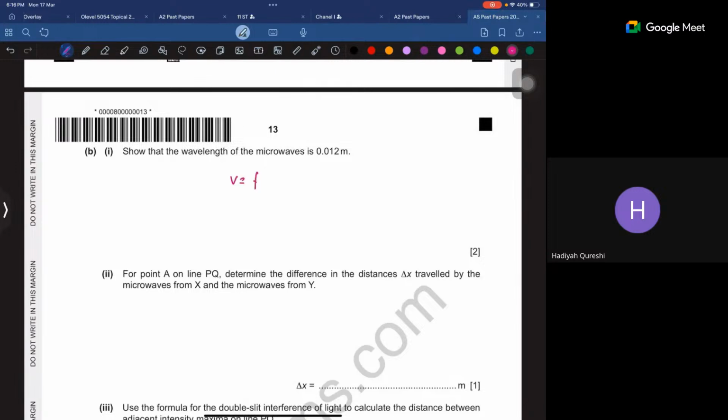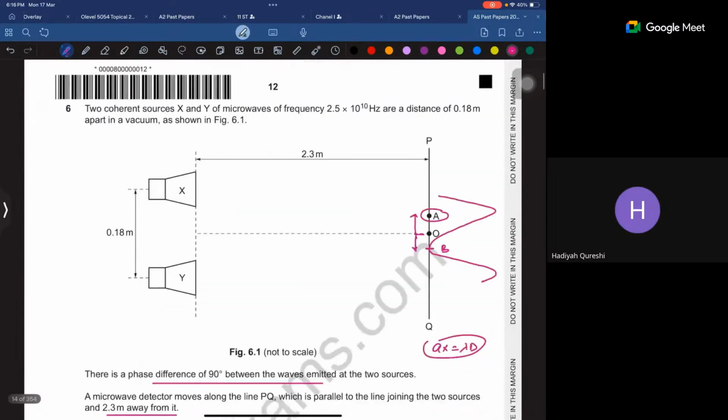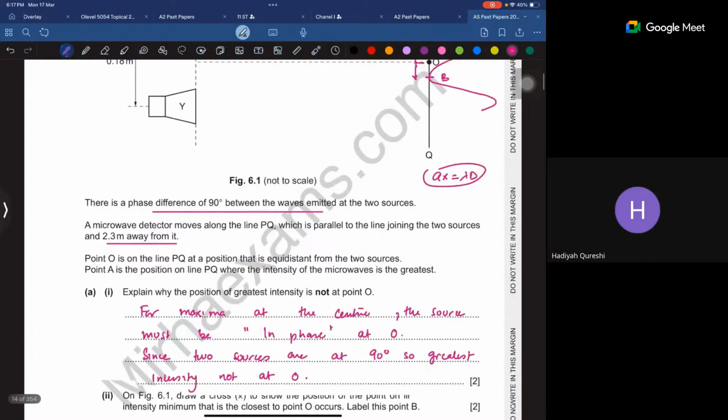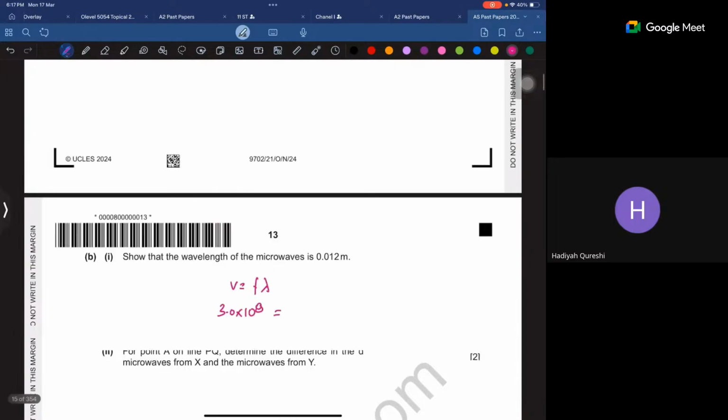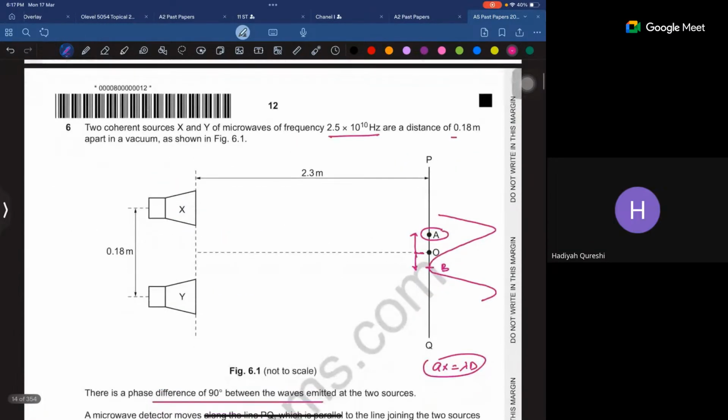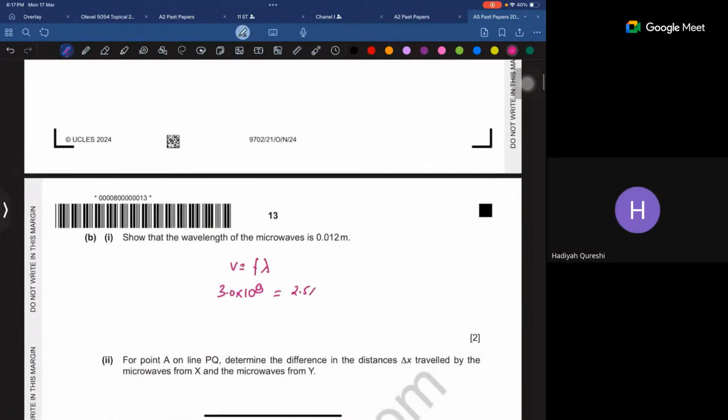Then it says, show that the wavelength of microwave is 0.012. We're just going to use v equals f lambda, and the frequency is this. The speed of microwaves is 3.0 times 10 to the power 8, and 2.5 times 10 to the power 10 times lambda.